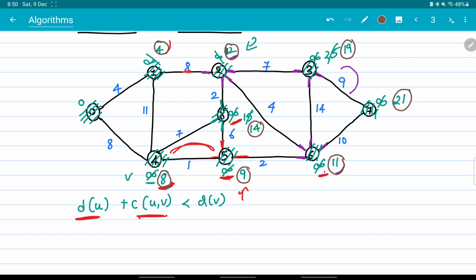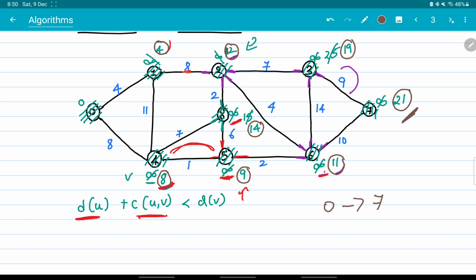Okay, these are my shortest paths. Now suppose they ask you a question that you're trying to go from node 0 to node 7. What will be your minimum total weight? That will be 21. Okay, this here is 21.